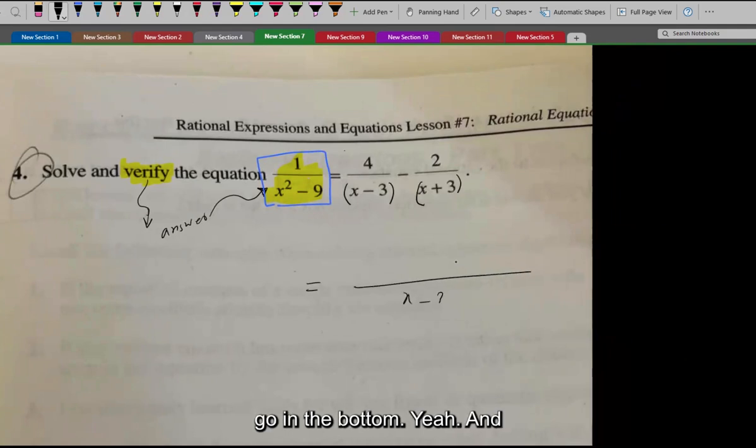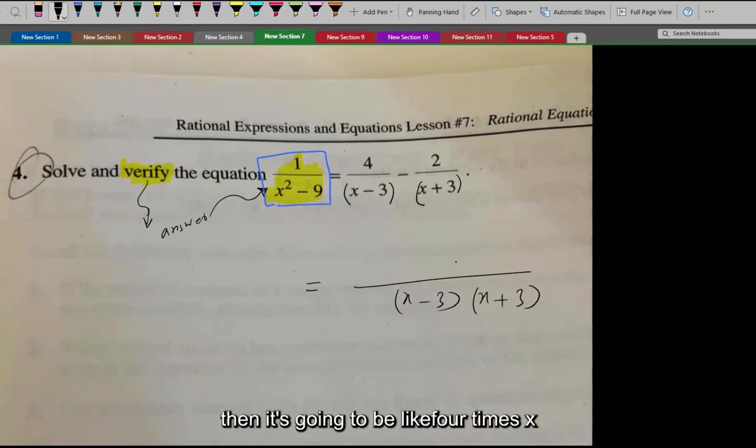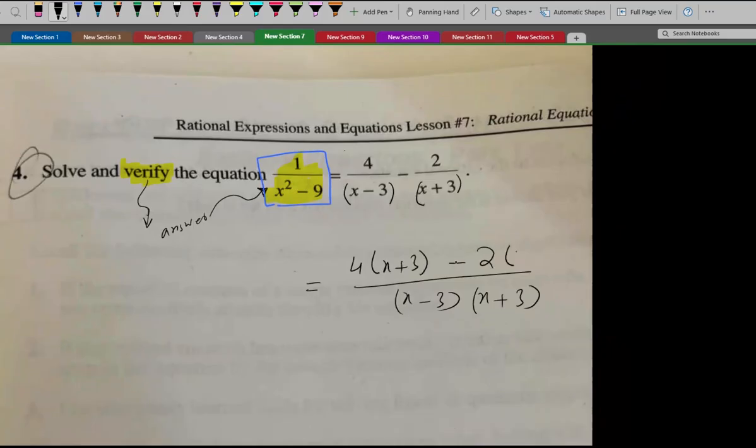Both of the denominators go in the bottom. Yeah. And then it's going to be 4 times x plus 3, and then 2 times x minus 3.